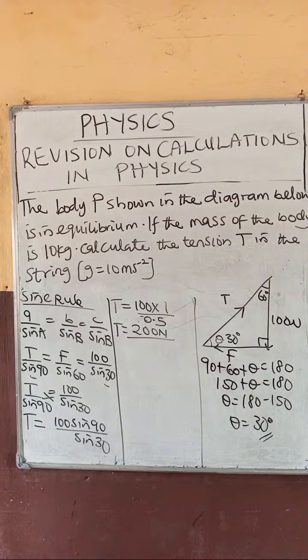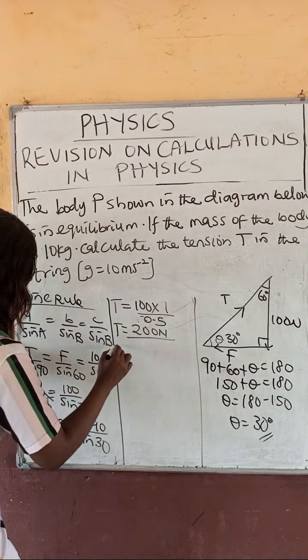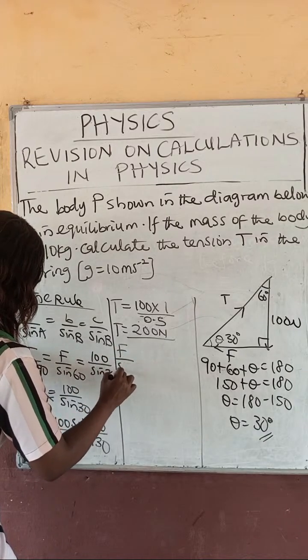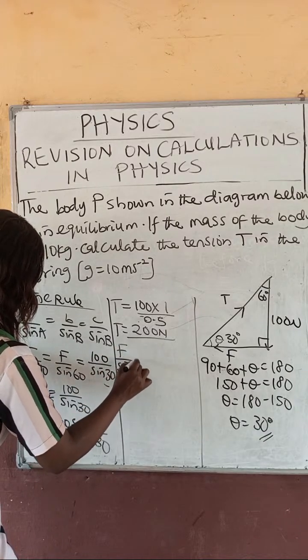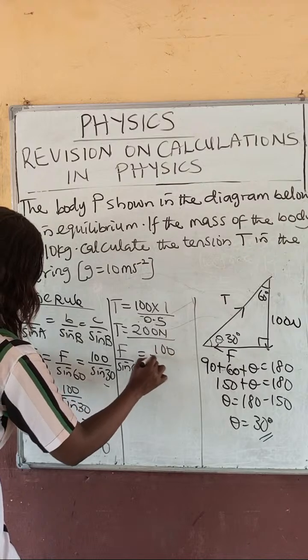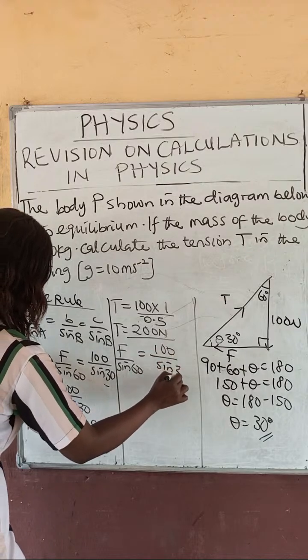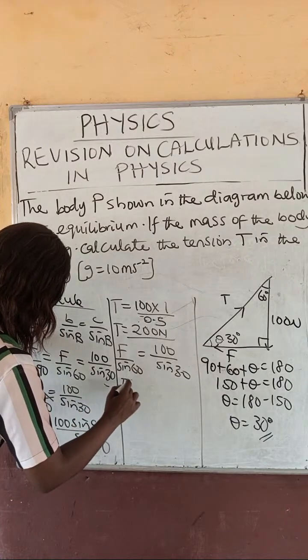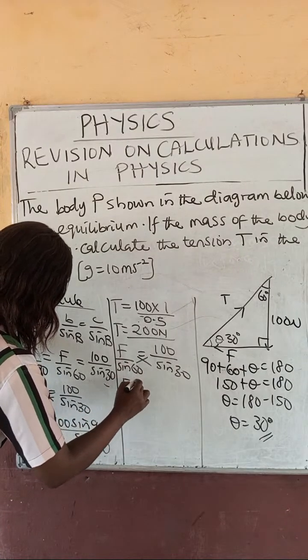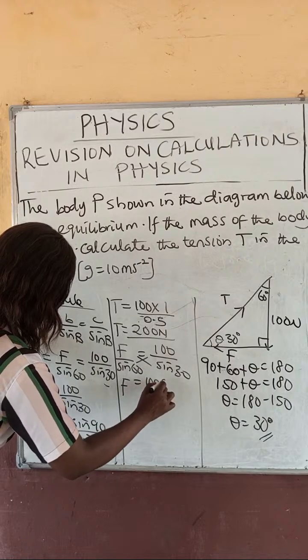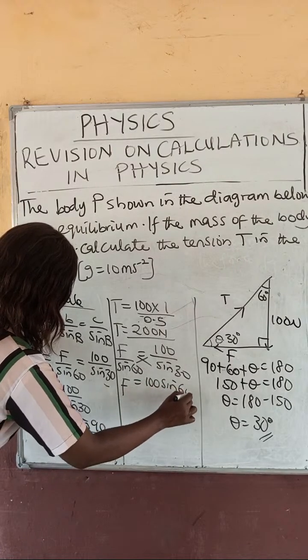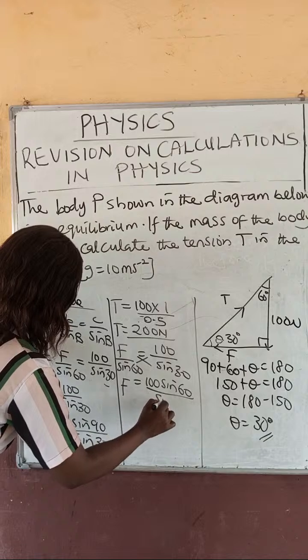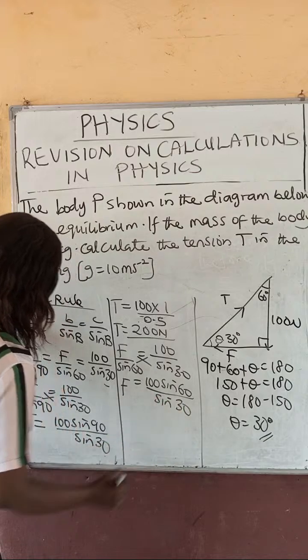All right. I can still equate this to this to get F. So F over sine 60 is equal to 100 over sine 30. Cross multiply. F is equal to 100 sine 60 divided by sine 30. Okay?